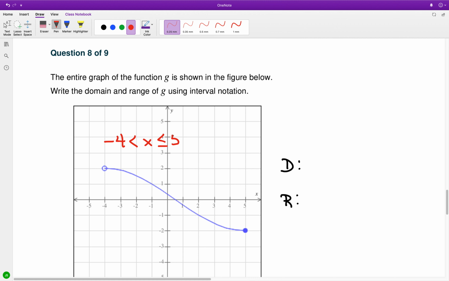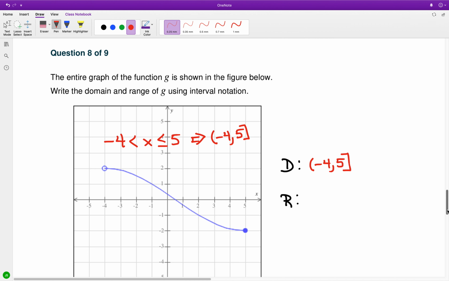So we have -4 is less than x is less than or equal to 5. That would translate to -4 in parentheses and 5 in the bracket. So for the domain of the graph, we have between -4 and 5, exclusive of -4 and inclusive of 5.